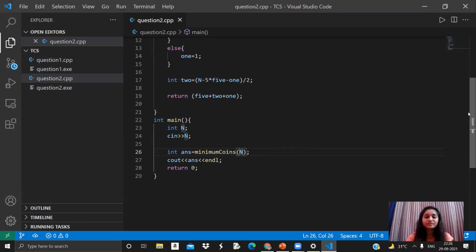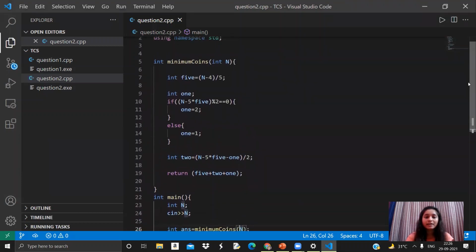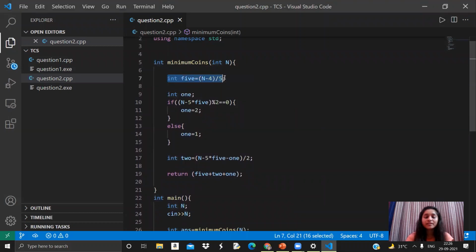So let's start with the logic, and in this function I have made the logic. Here I have passed n. First of all, for 5 we have already seen that it is (n minus 5) divided by 4, so 5 is sorted. Now for the remaining number, in the last example I forgot to include that for the remaining number I'll be finding the number of ones.